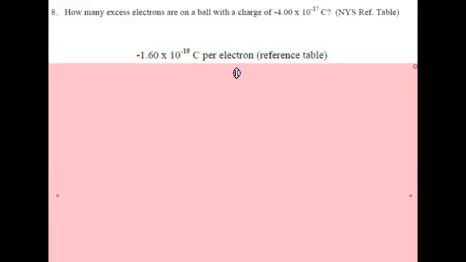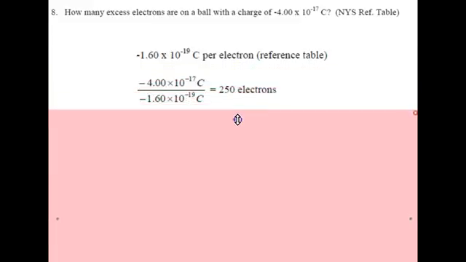How many excess electrons are on a ball with a charge of -4 times 10 to the -17 coulombs? And this problem is referring you to the New York State reference table. On the reference table, you'll find that 1 electron has a charge of 1.60 times 10 to the -19 coulombs, and of course, negative because it's an electron.